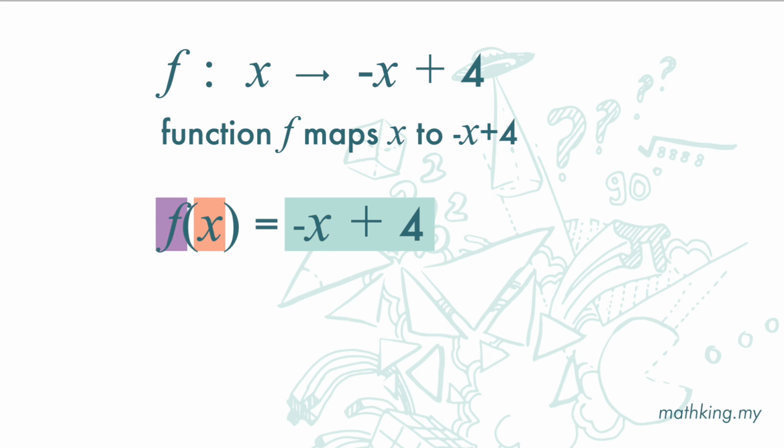Or more simply, function f of x equals negative x plus 4. These two notations are the same. Essentially, it means that the object x undergoes the function of f, and the image is negative x plus 4.